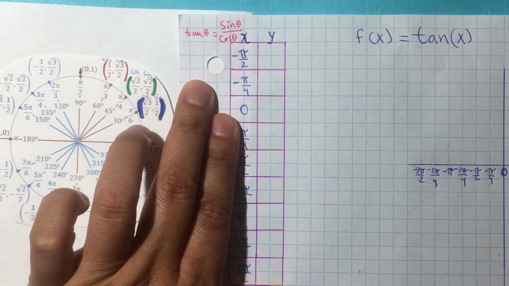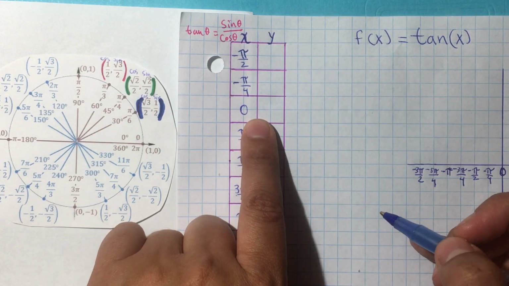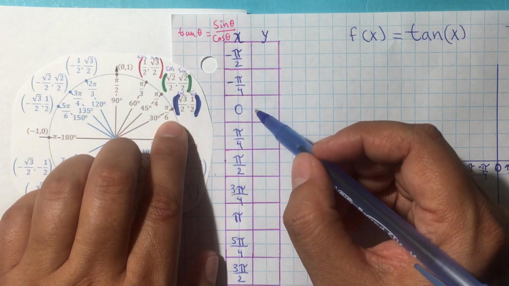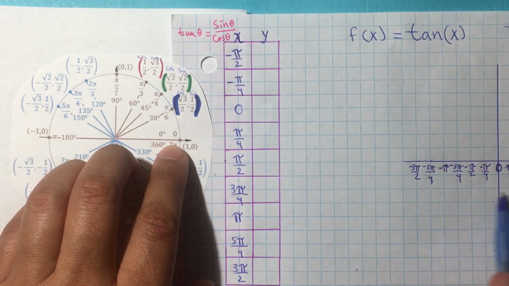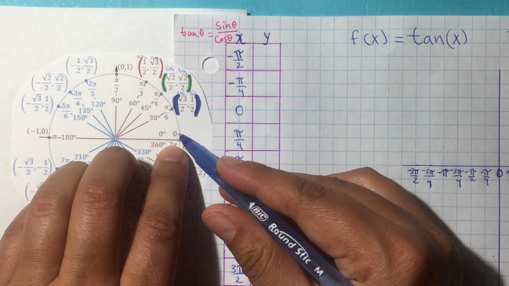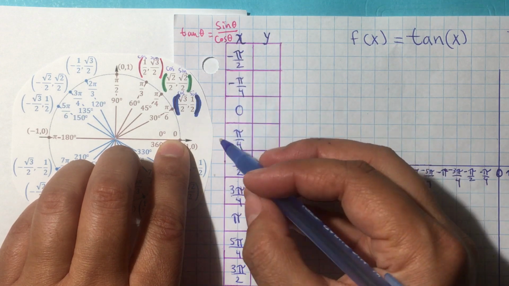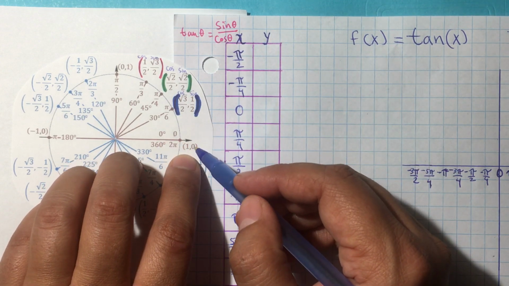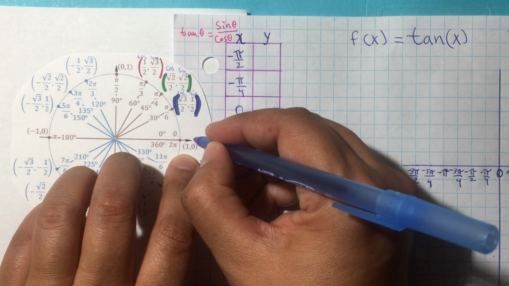We're going to focus on filling out these values first. I'm going to start with 0, then go back to the negatives. Right here, you have the radians, and those are the values for x that we're getting here, and that's what we're going to have on the x value. For 0, remember, sine over cosine. If you recall from previous lessons, the sine will always be your y value, okay?